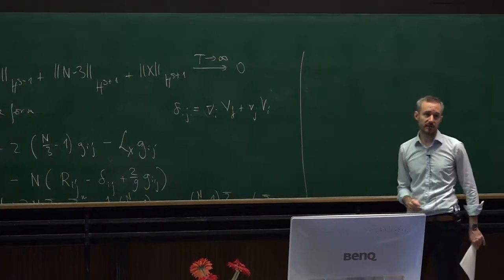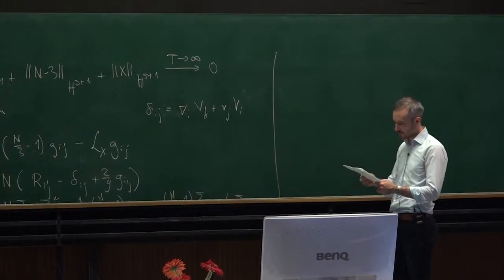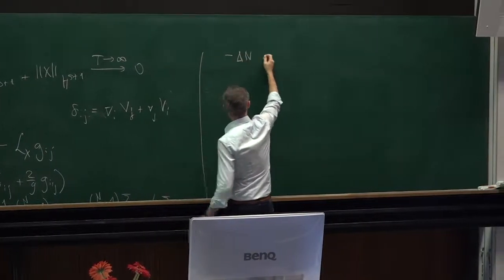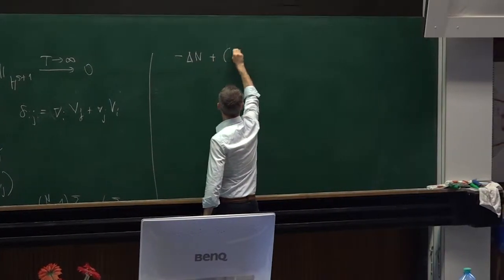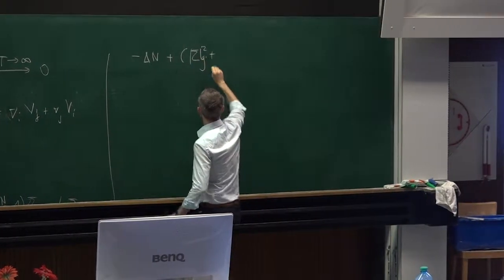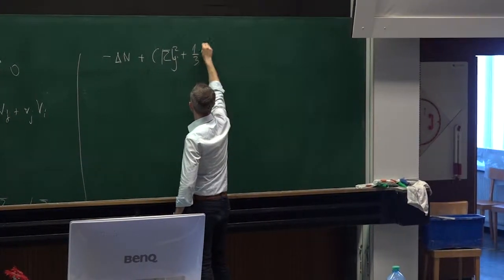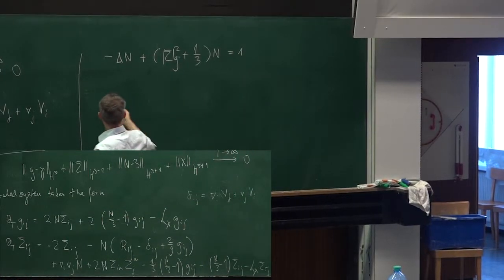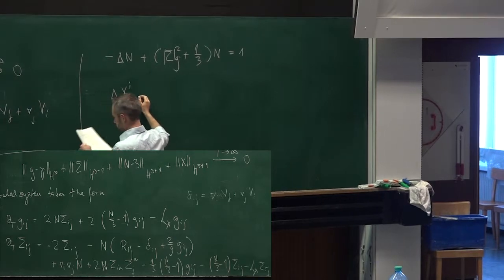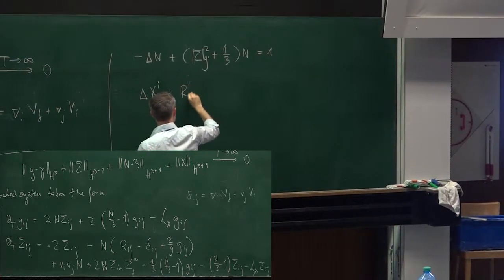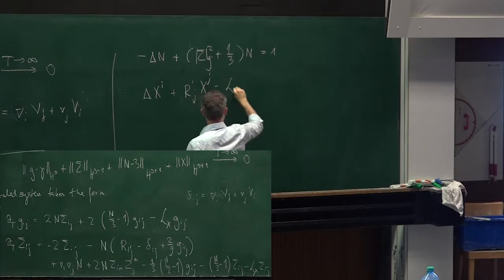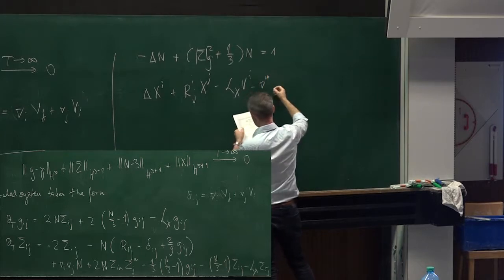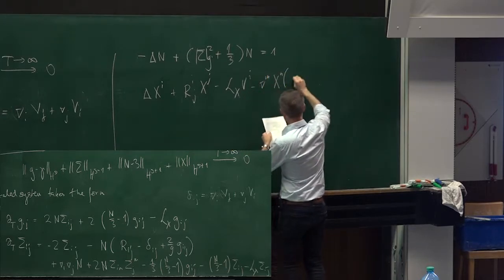I'll tell you later what precisely the identity is. The same is true for this. This would also be 0, of course, but we keep it.